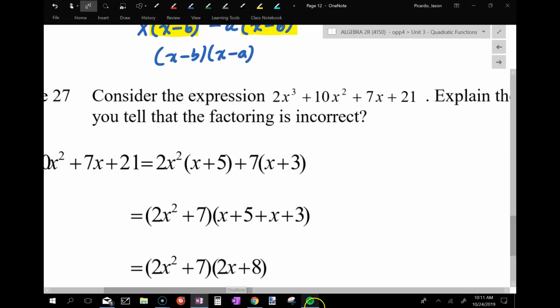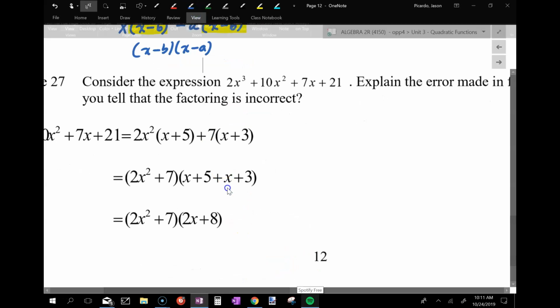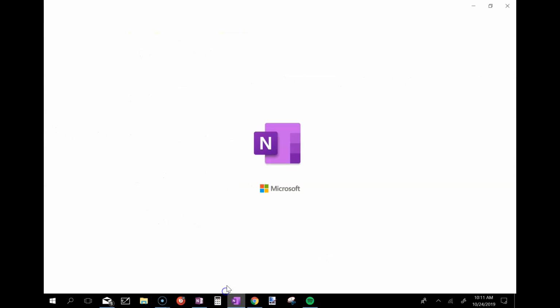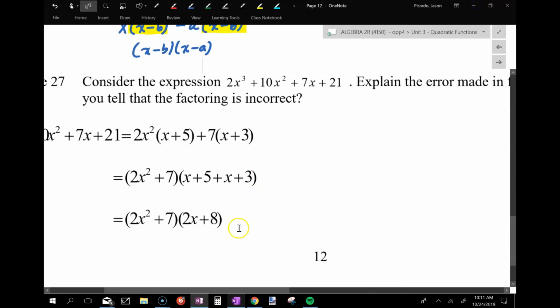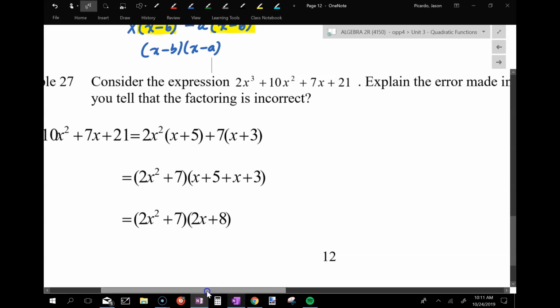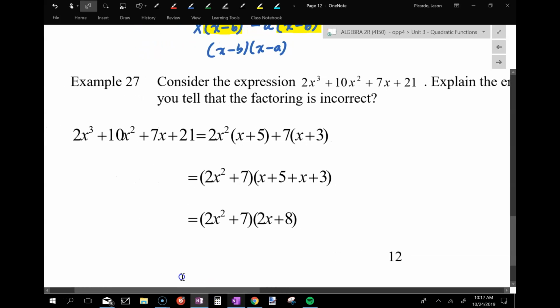All right, last one. Consider this expression. Here's what I want to do. Anytime, guys, that you ever see a problem where they ask you to find an error, you always, always, always want to just do the problem right. Don't analyze somebody else's mistake, okay?